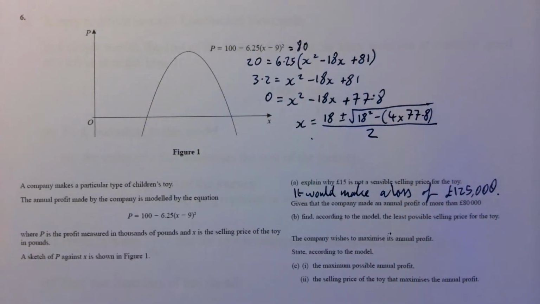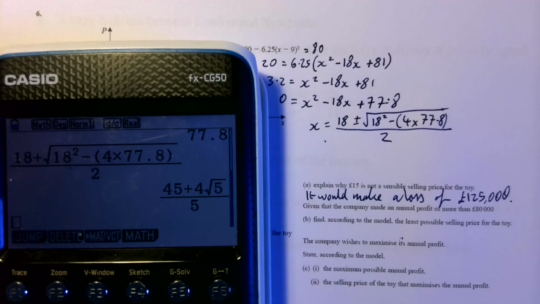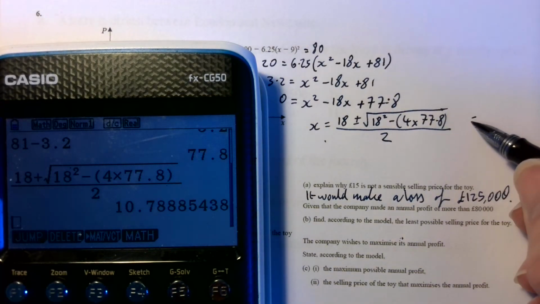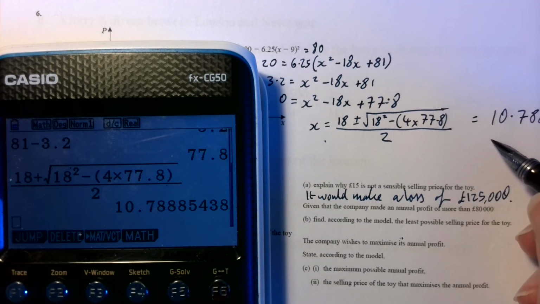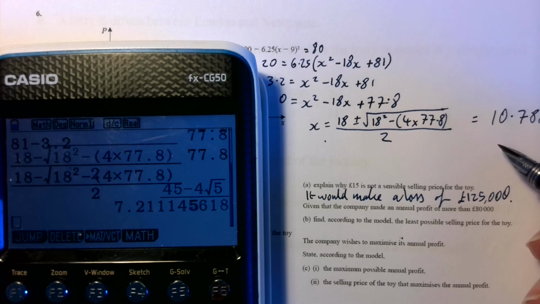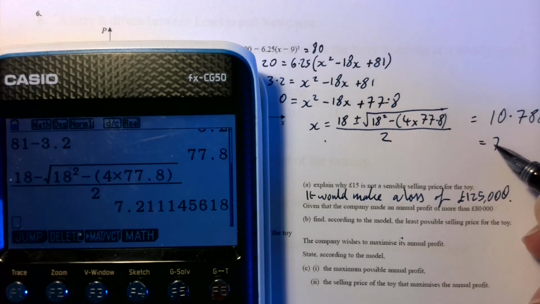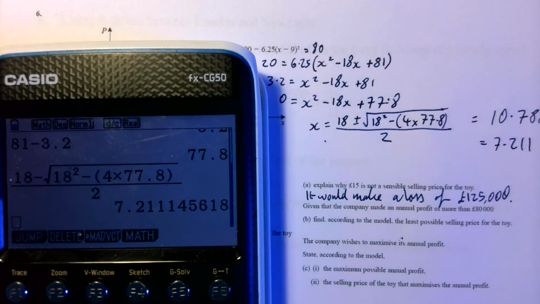Put that into the calculator and you should get 10.788. I'm just going to write it down like that for now. Or, if I went here, I got my other value of 7.211. Always just have to check which one's smaller.